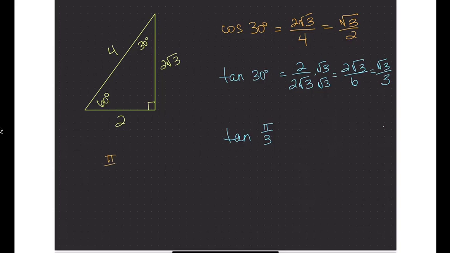Pi over 3 times 180 over pi gives me 60 degrees. So then I could rewrite this as the tangent of 60 degrees, and now my opposite is 2 times the square root of 3.